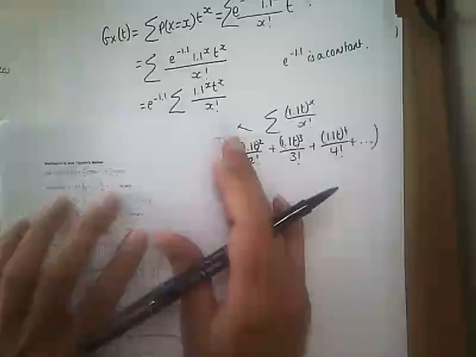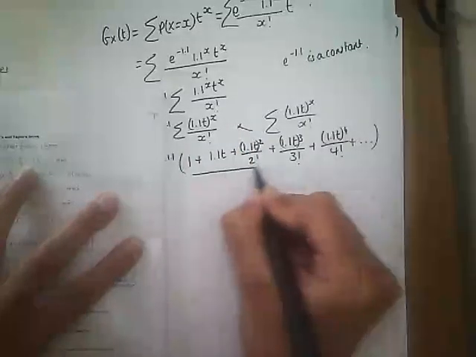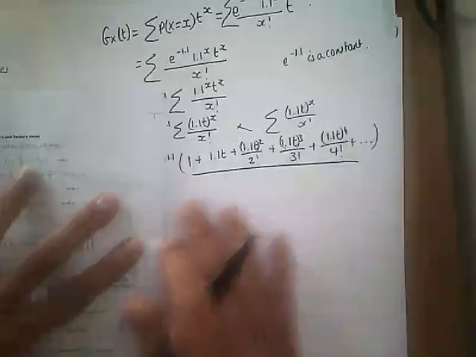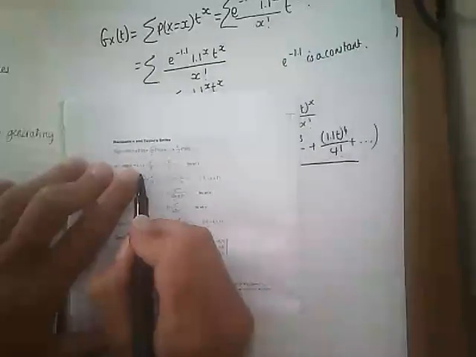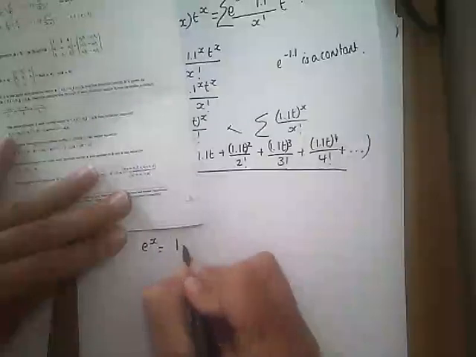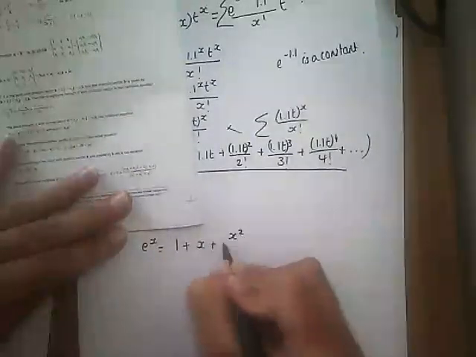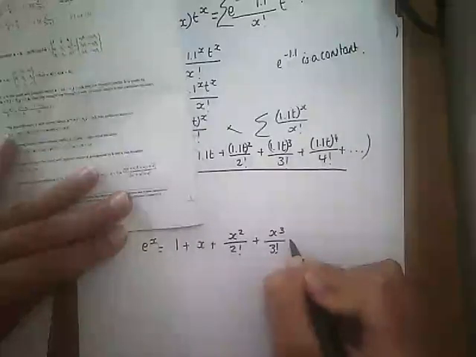If you haven't, don't panic. This second one down is a Maclaurin series. Let me write it so you can see it: e to the x is 1 plus x plus x squared over 2 factorial, plus x cubed over 3 factorial, and so on.